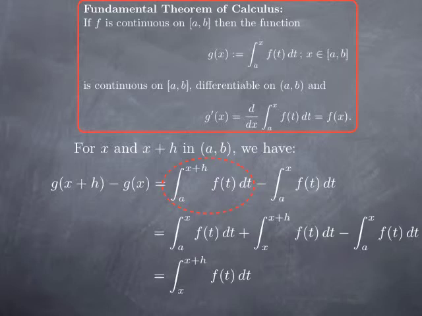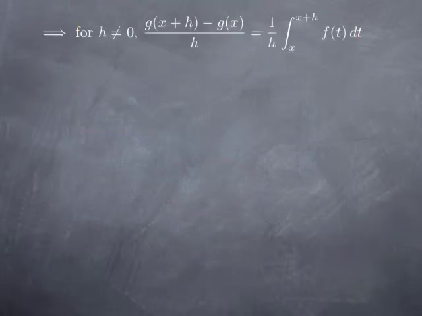What we're interested in is the quotient of this expression by h, because this is what is going to define the derivative. So if we divide by a non-zero h, we obtain 1 over h multiplied by this integral from x to x plus h. And now we're going to try to figure out what is the behavior when h goes to 0, because if g prime of x exists, it is the limit of this difference quotient when h goes to 0.